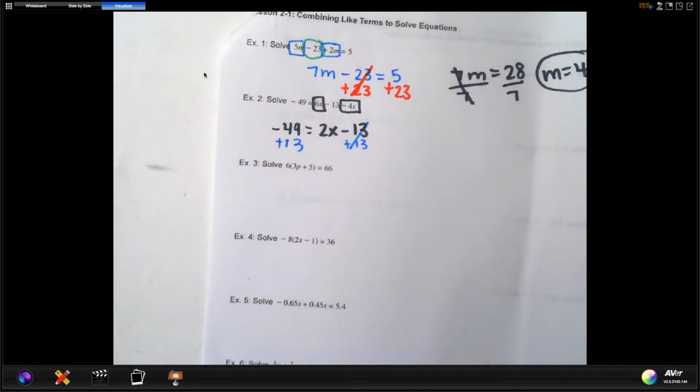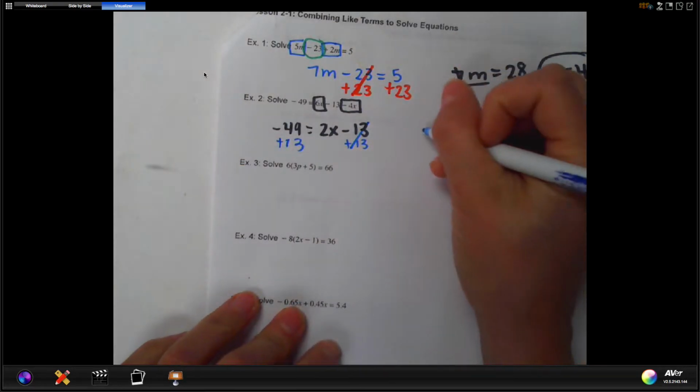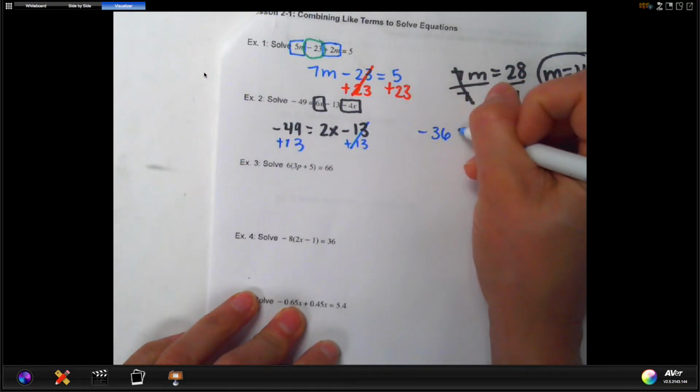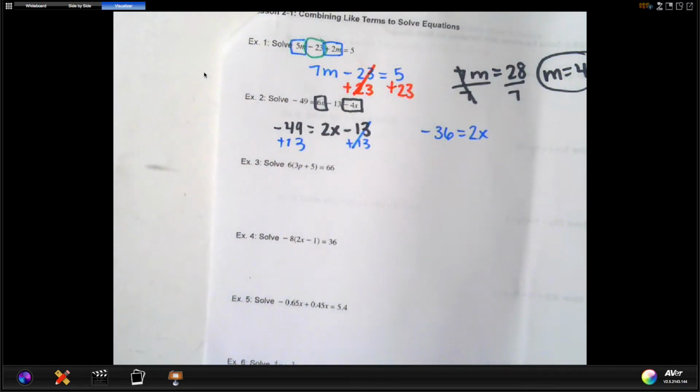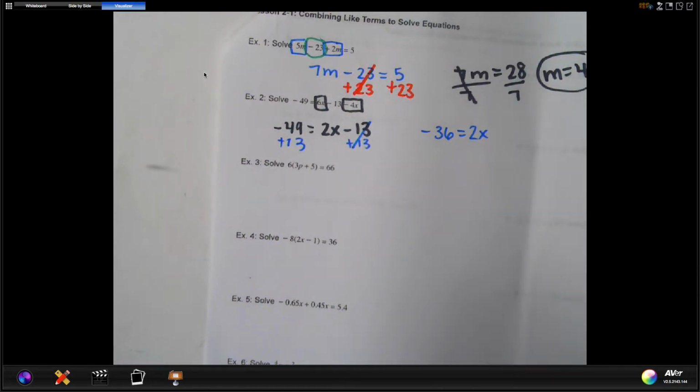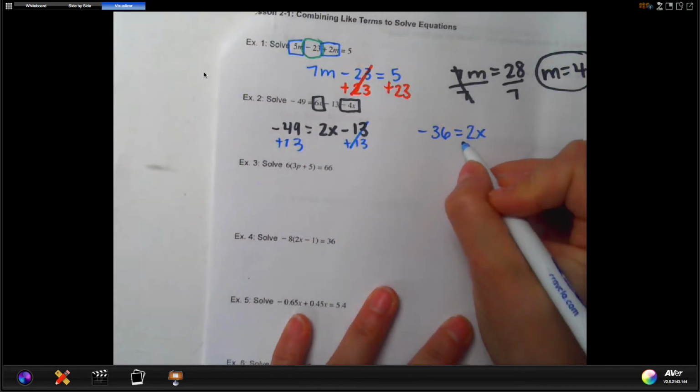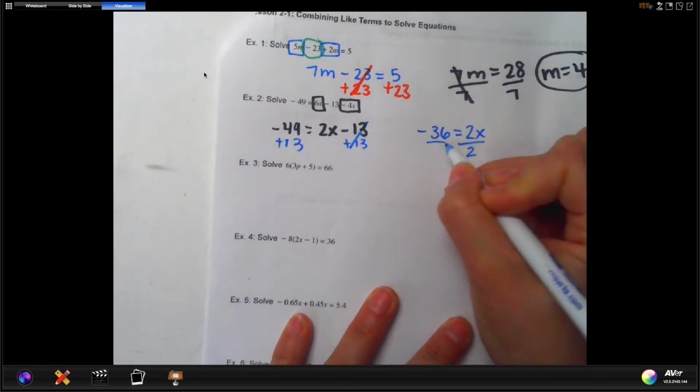That's to cancel. Negative 49 plus 13 is going to give us negative 36 on that side, and we still have a 2x to deal with on our right side. So we want to undo 2 times x, so the opposite of 2 times x would be dividing by 2.